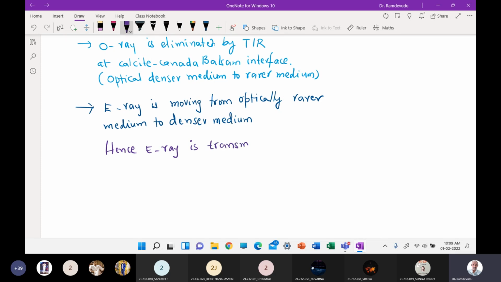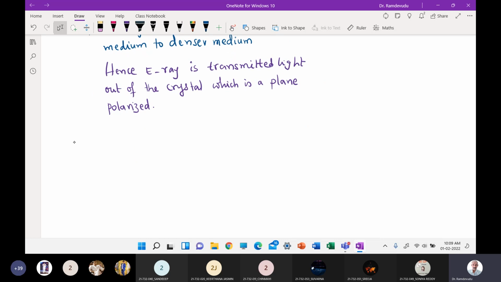So the transmitted light out of the crystal is plane polarized. Thereby, we say that the Nicol prism acts as a polarizer.